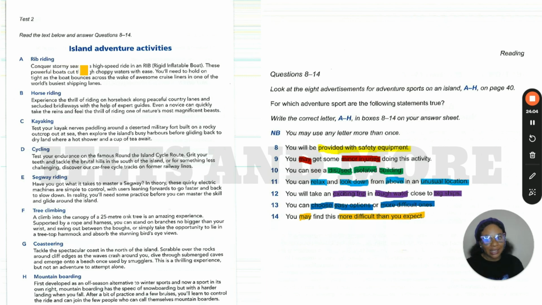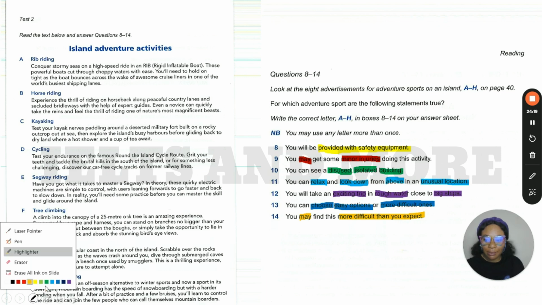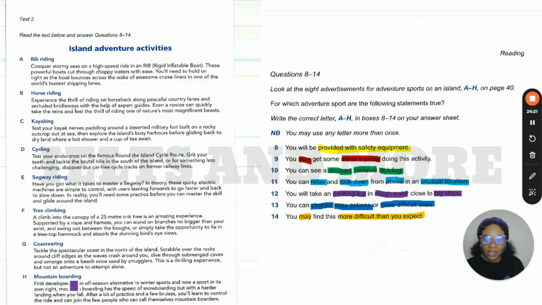Conquer stormy seas. I'm already seeing stormy seas. And if you remember, one of them actually talked about stormy seas, which is number 12. Let me change the highlighter to purple. It talked about stormy seas, and he said rough water. But those are synonyms, okay?